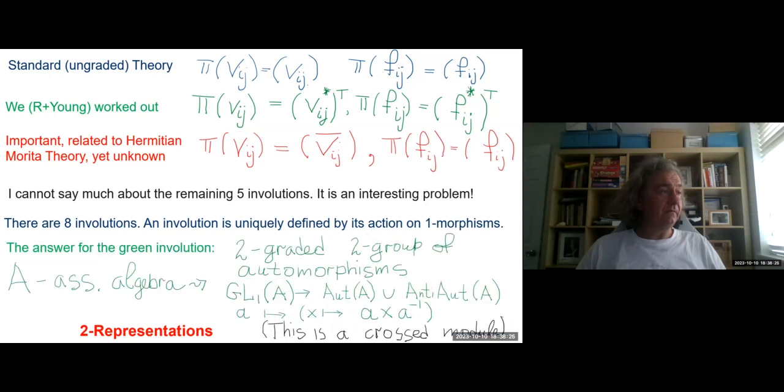Okay, so take any associative algebra A. Then, to this associative algebra A, you can associate a natural C2-graded 2-group of its automorphisms. What I write here is a crossed module, and a crossed module is one of the models for a 2-group.